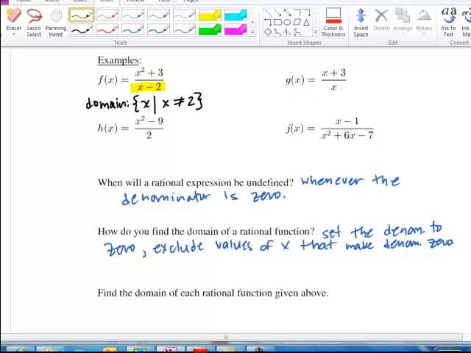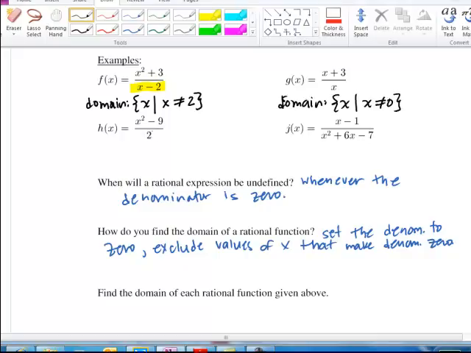And for g, the only thing in the denominator is x, so we would just say the domain of this function would be the set of all x such that x isn't 0. Right? Anything else is fine, but if x is 0, we have a problem. Keep in mind the numerator can be 0, that's not a problem. If the numerator is 0, fine, but if the denominator is 0, that would be undefined.